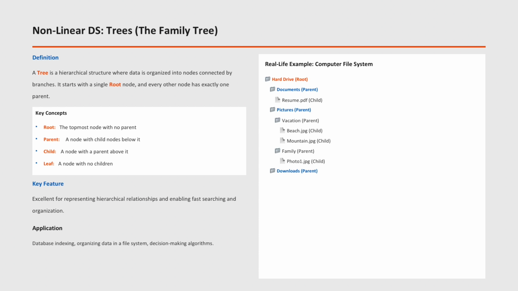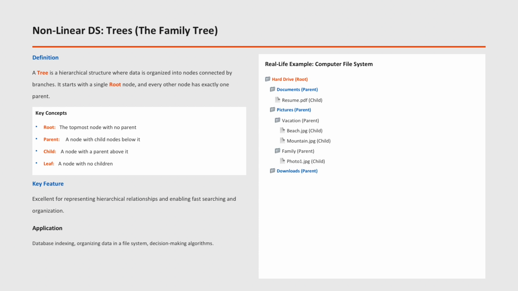And why is this structure so powerful? Because that hierarchy makes searching incredibly efficient. When you make a decision at a parent node, you can instantly eliminate entire branches of the tree from your search. You don't have to look at every single item. Not even close. The best example of this is just your computer's file system. It's the perfect real-world example. Your hard drive is the root.